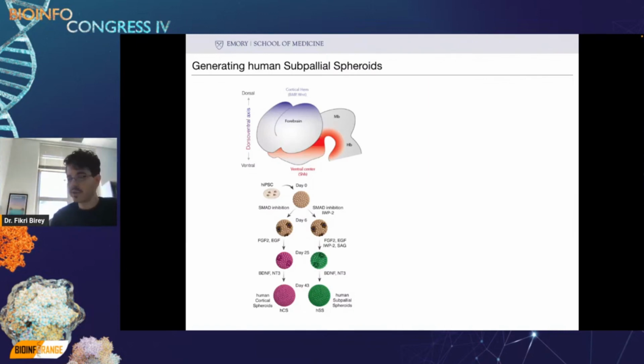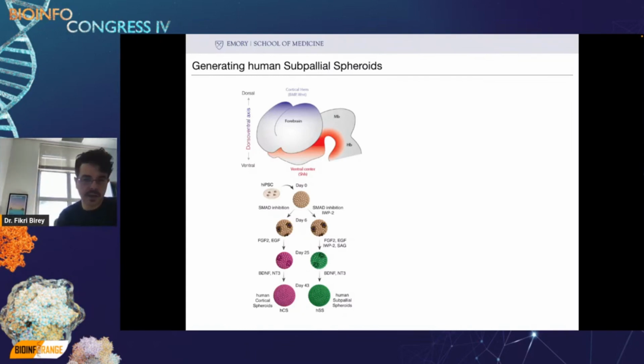And we, of course, looked at classical developmental studies that teased out the interactions between these signaling pathways that drive specification of those regions. We focused on the sonic hedgehog signaling, which is very enriched on the ventral side, and the Wnt signaling, which is enriched on the dorsal side. So the strategy was very simple.